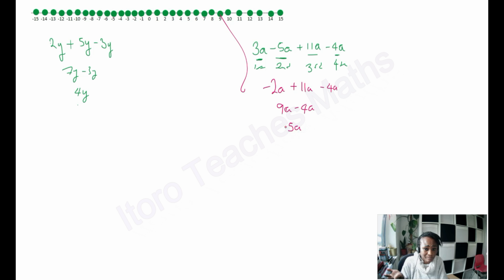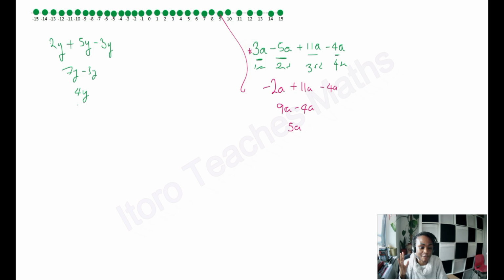Another way we can do this, which I think is also very intuitive, is you can rewrite this in a way that, let's take all the ones that have a plus sign in front of them and put them first. So 3a, again, because there isn't a sign there, it's a plus.